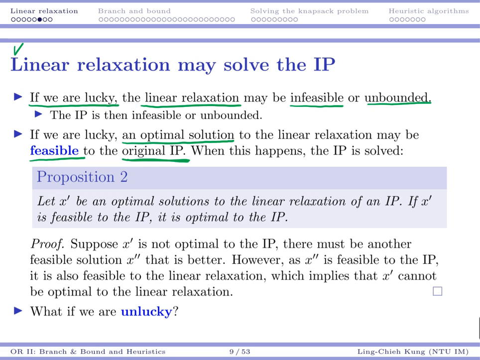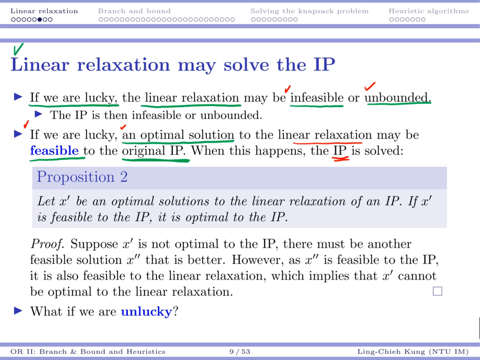Suppose our linear program is infeasible, then of course the original integer program is also infeasible. Suppose our linear relaxation is unbounded, the original one would also be unbounded. So both are conclusions. If an optimal solution to the linear relaxation has all integer values, then in that case, that would also be an optimal solution to the original problem.